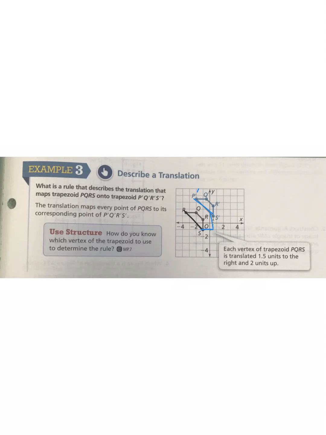And that would be the same for every single point. So Q would go 1.5 units to the right and 2 units up. The rule needs to stay the same for every single point. Otherwise, the size of the shape does not stay the same.